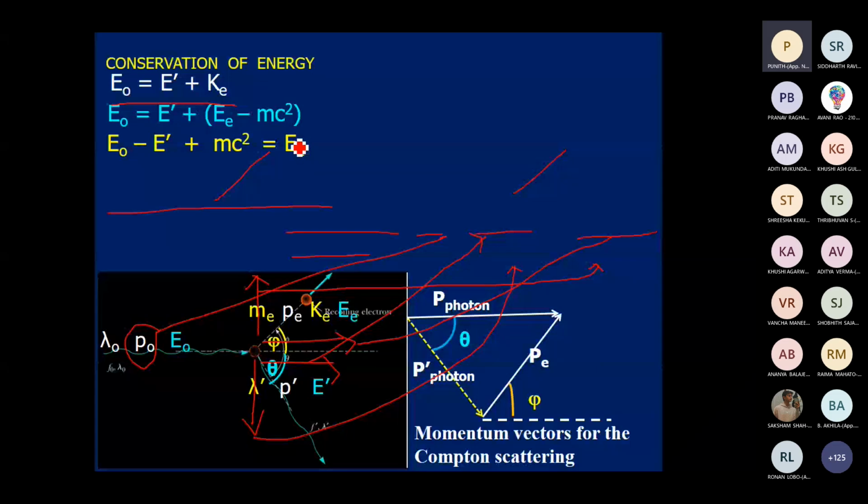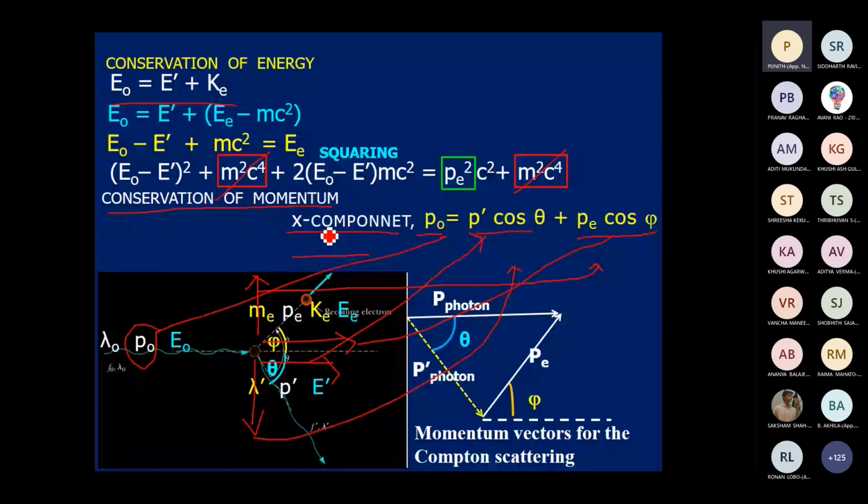So apply the conservation of momentum. First, you write down the x component, by resolving the vectors. Take the momentum of the electron and the photon resolved into two components. You can see the momentum vector diagram shown over here.